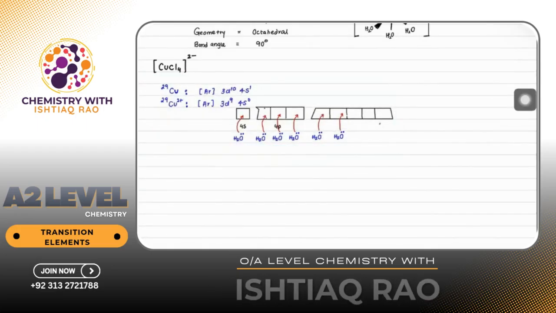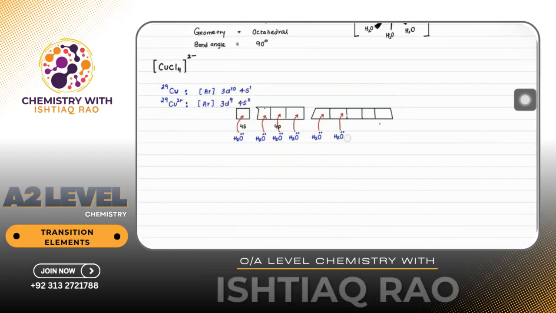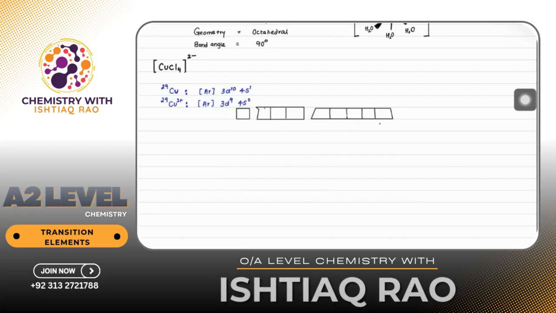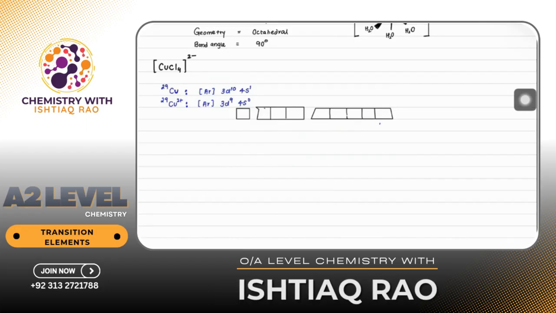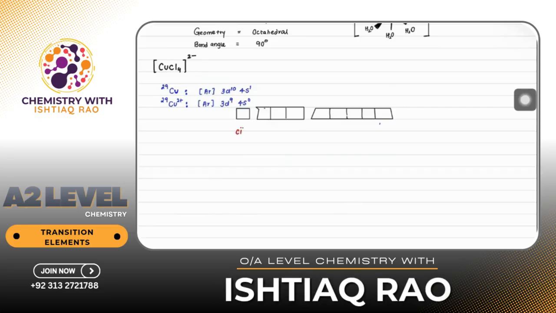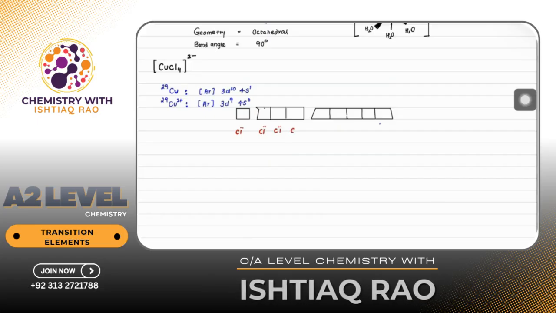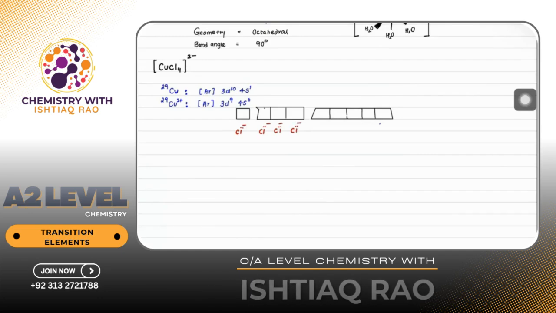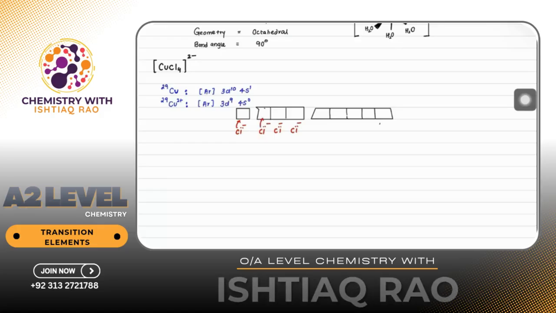Each and everything would be the same, but there would be a minute difference: it's going to be 4s 0. Everything is the same, but I have one chlorine, another chlorine, another chlorine, another chlorine, all having a negative charge.